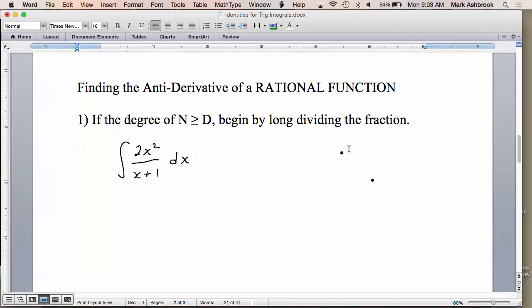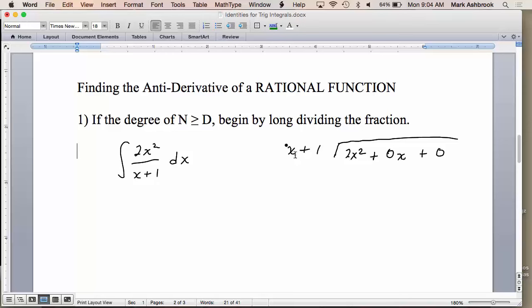If you remember from Algebra 2, long division, we're doing x plus 1 into 2x squared, and that's the same as 2x squared plus 0x plus 0. Long division of polynomials is very similar to long division of just numbers.